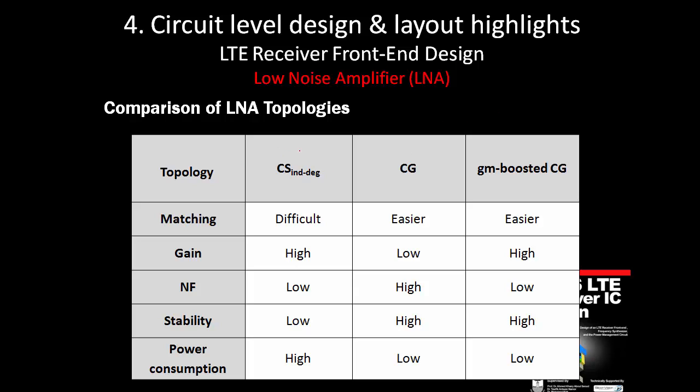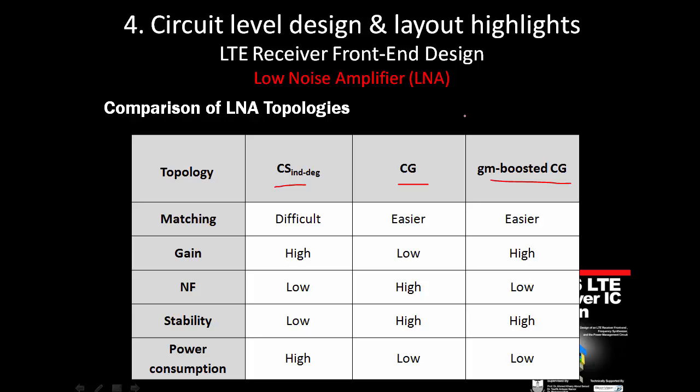There is the common source topology, the common gate, the gm-boosted common gate topology, and every topology has advantages and disadvantages. We start to make our decisions about these topologies and choose one topology that will best fit the standard we seek.